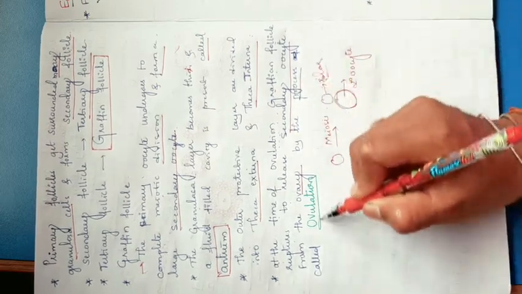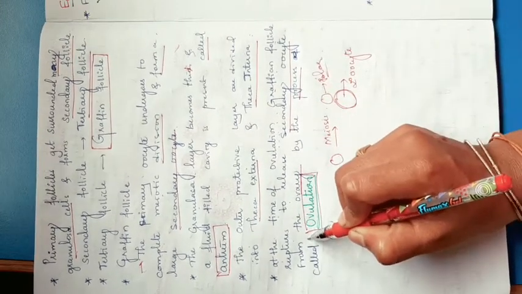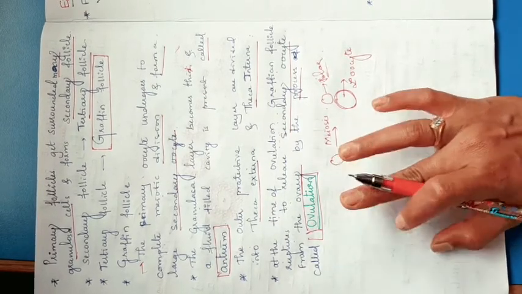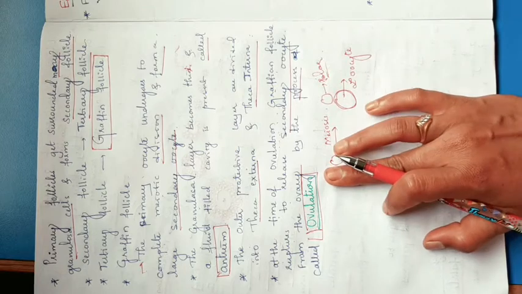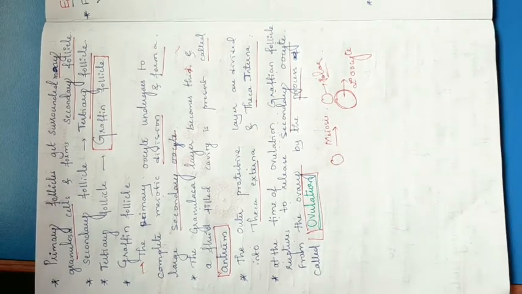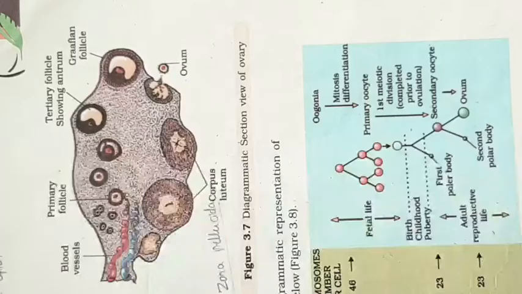Ovulation means the process of release of the female gamete or egg from the females during the menstrual cycle. During that ovulation, the Graafian follicle ruptures and releases the secondary oocyte, which is present inside the Graafian follicle.